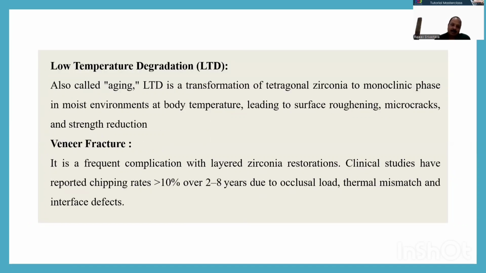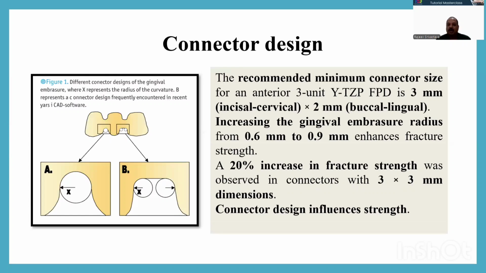Then again, low temperature degradation, also called LTD, is a transformation of tetragonal zirconia to the monoclinic phase in a moist environment at body temperature, leading to surface roughening or microcracks and strength reduction. Veneer fracture is a frequent complication with layered zirconia. Clinical studies have reported a chipping rate of 10% or more over 2 to 8 years due to occlusal load, thermal mismatch, and internal defects. So all these things lead to the chipping of your zirconia.